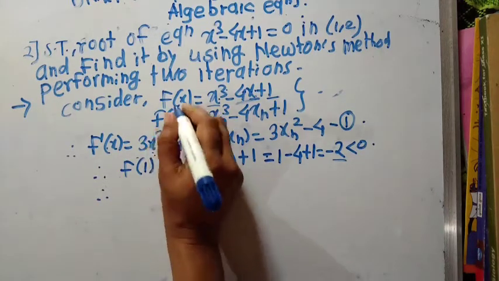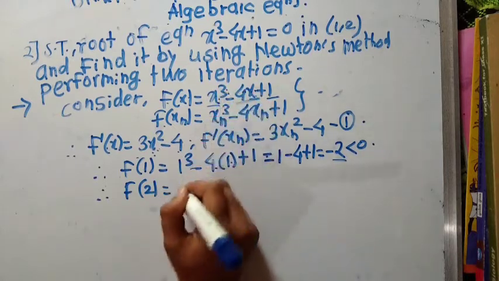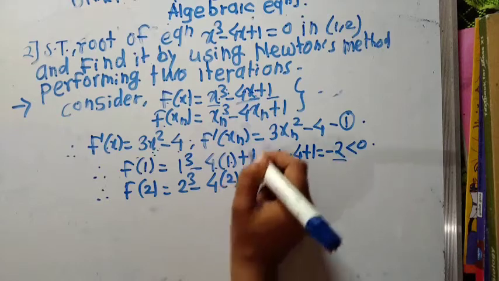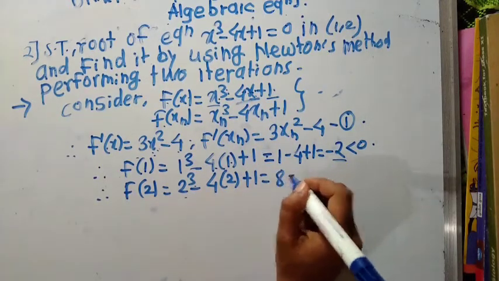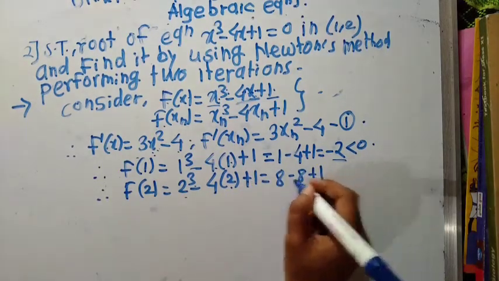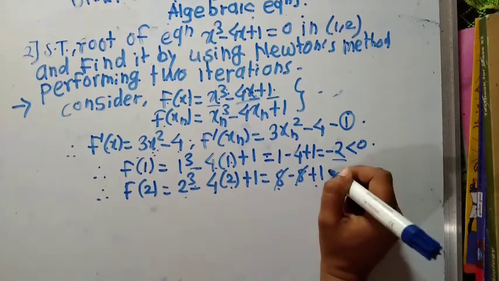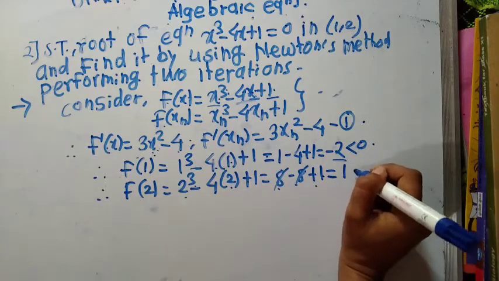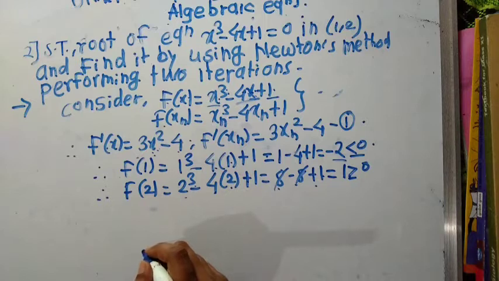Then find out f of 2, which is 2 cube minus 4 into 2 plus 1. So 8 minus 8 plus 1, which is equal to 1, and 1 is greater than 0.